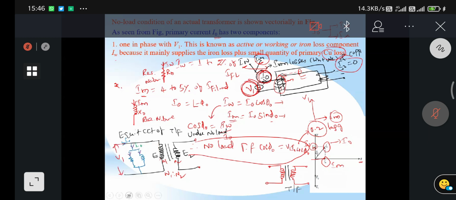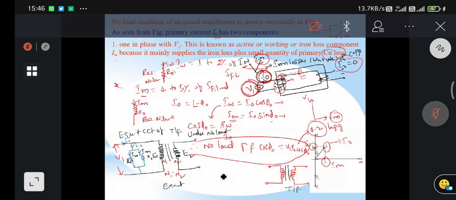I naught component of current. Here this is R naught, here X naught. So here IM will take place, and Iw working. So this is the exact equivalent circuit of the transformer under no load condition.